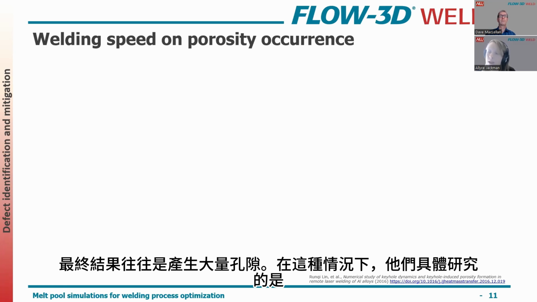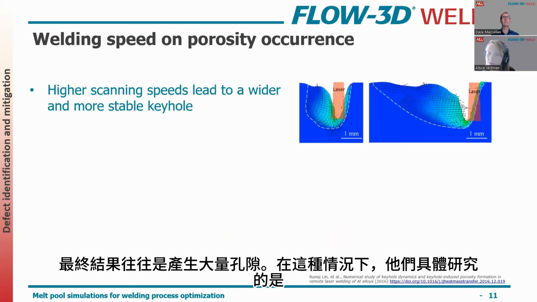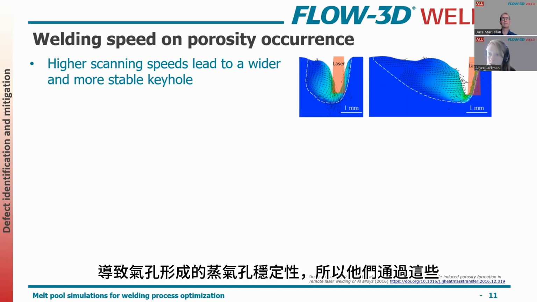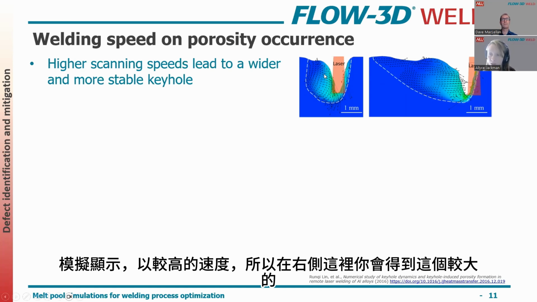So what they looked at in this case specifically was how can we use the welding speed to mitigate that porosity, and what does the welding speed do to the keyhole stability that's leading to that porosity formation. So what they found through these simulations was that with a higher speed, so that's on the right-hand side here, you get this larger keyhole opening.